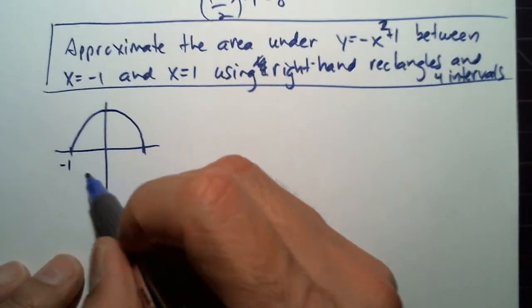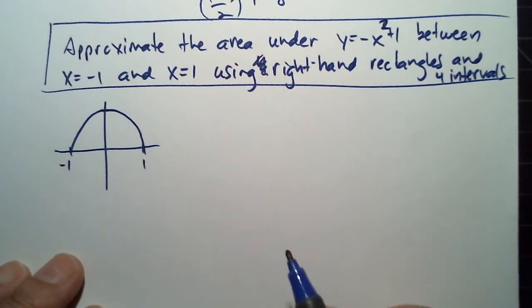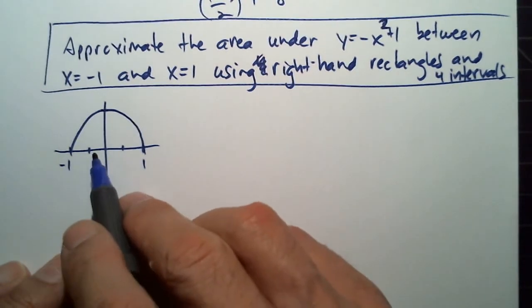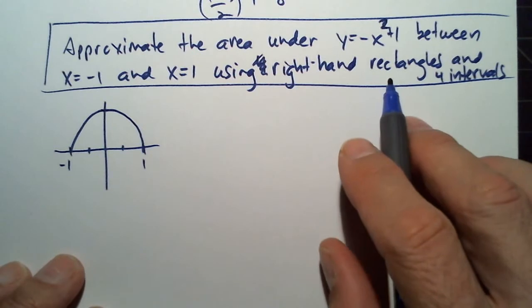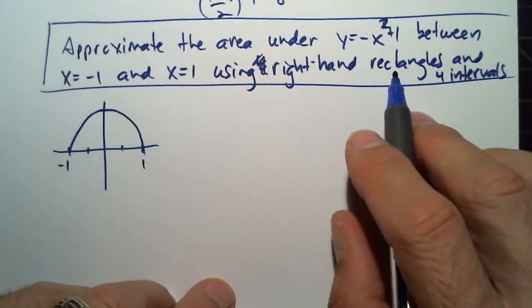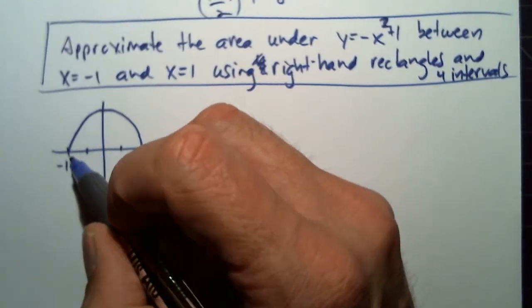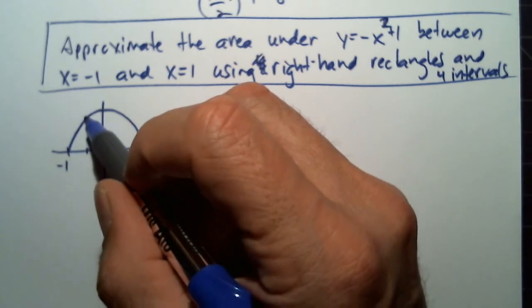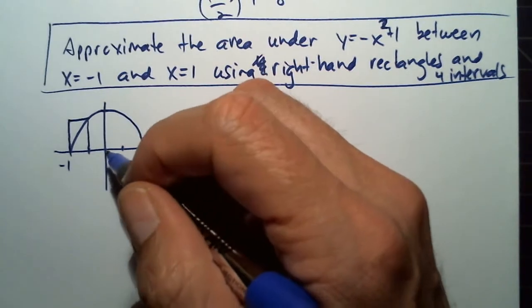Okay, we're starting at -1. We're going to 1. That's what it's telling us there. We're going to divide it up into 4 intervals, 1, 2, 3, 4, and when it says right-hand rectangles, that means the height of the rectangle is determined by the right endpoint. So here we have an interval. We use the right endpoint and go up to the curve. That's going to be the height of the rectangle.